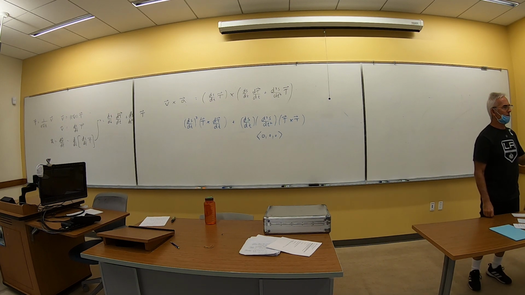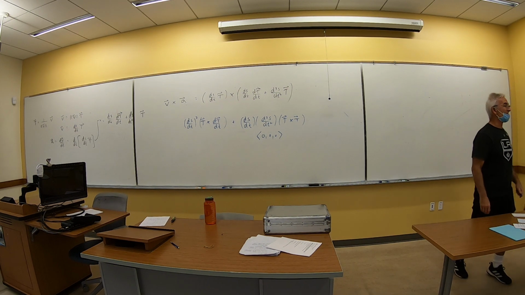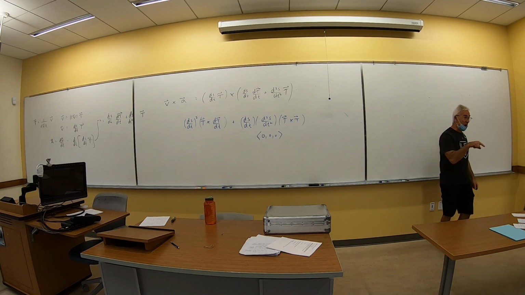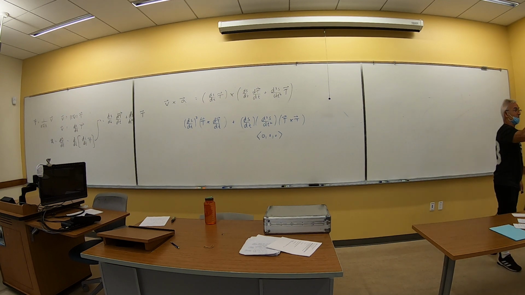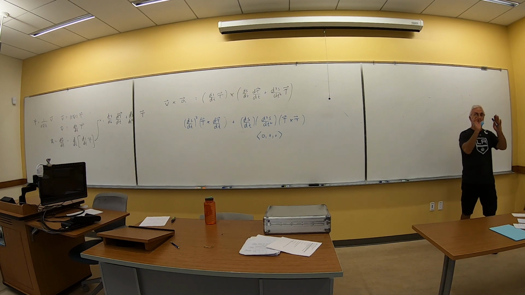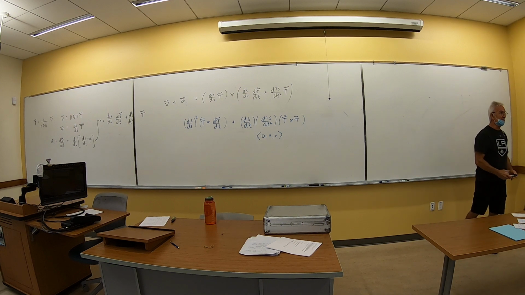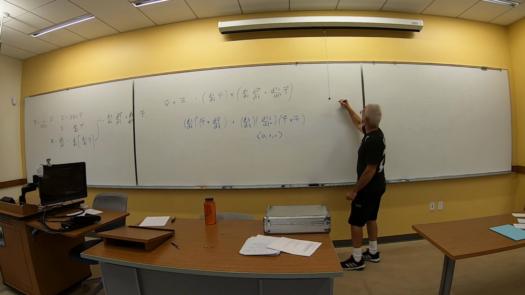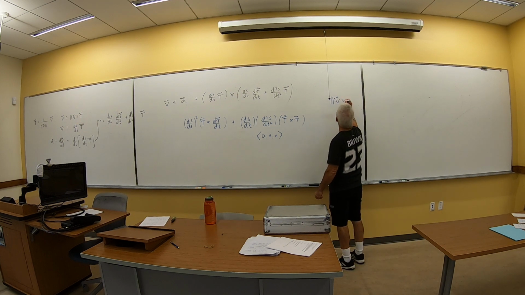Magnitude, magnitude, and times the sine of the angle. Magnitude of the dot product was magnitude, magnitude, cosine. Right? Magnitude of the cross product we showed is magnitude of the first, magnitude of the second, sine of the angle between them. I would like to find the magnitude of V cross A.